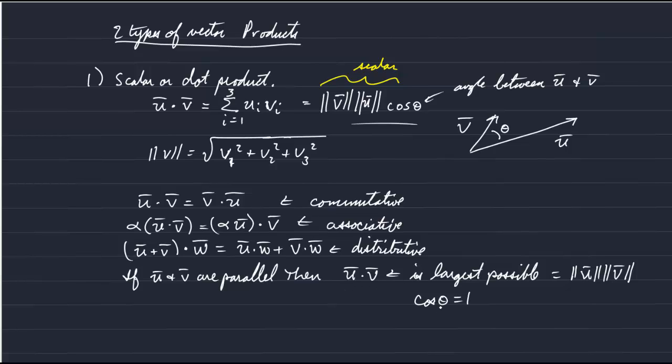For two parallel vectors, of course, the angle between the two is 0, and the cosine is equal to 1. So to maximize the dot product, you would have two vectors parallel to each other. The other situation is if u dot v is equal to 0, then theta is equal to 90 degrees, and the two vectors are orthogonal to each other.